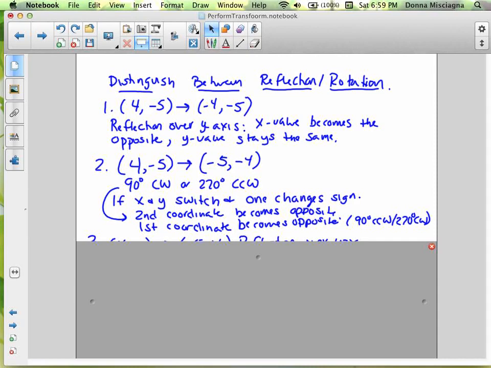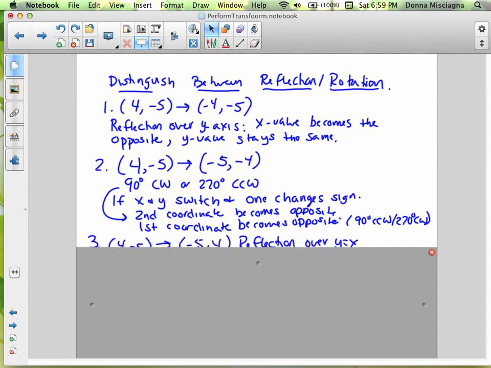If it's the second coordinate that changes, then it's 90 degrees clockwise, 270 counterclockwise. And by the second, we mean the second in the image. If the first coordinate becomes the opposite, that's just the other direction. Same rotation, 90 or 270, just went the other way. You can always graph it too to help you out.